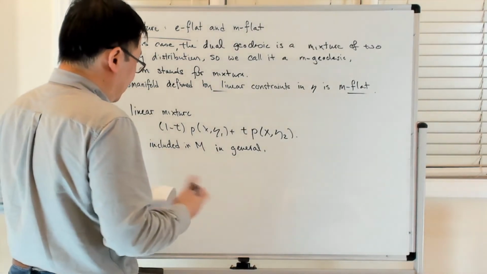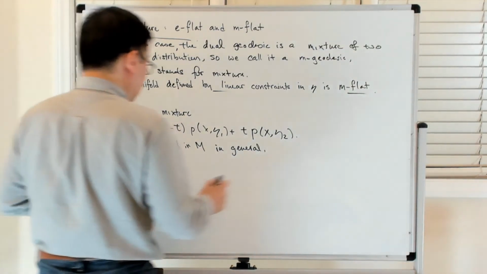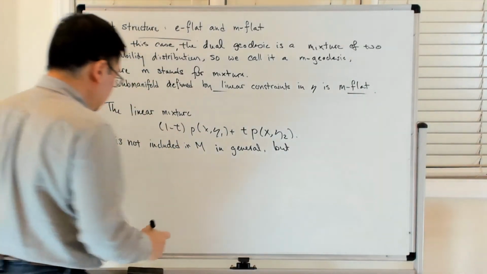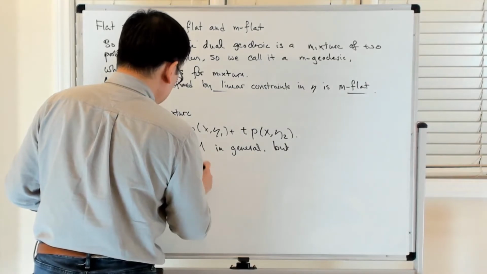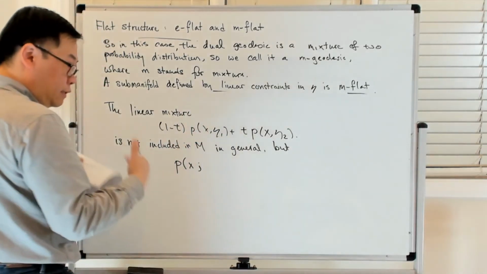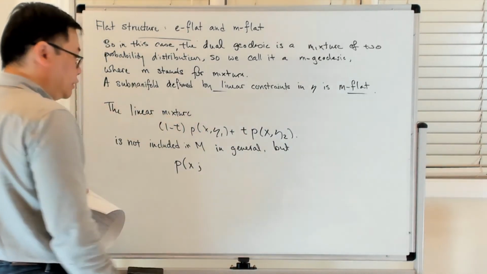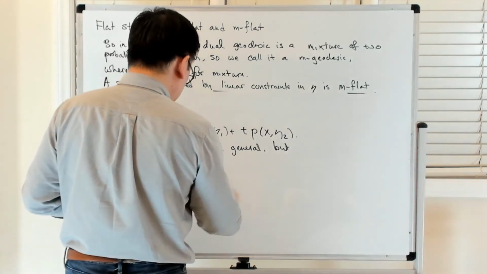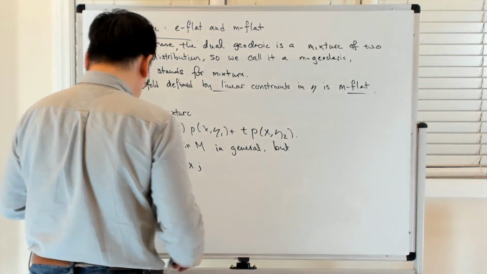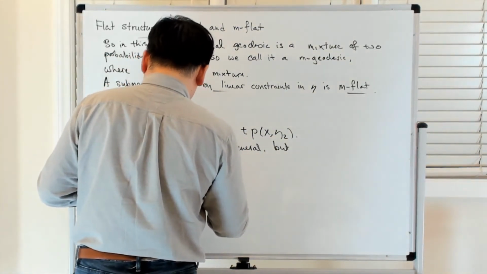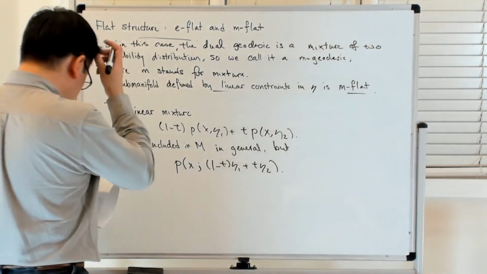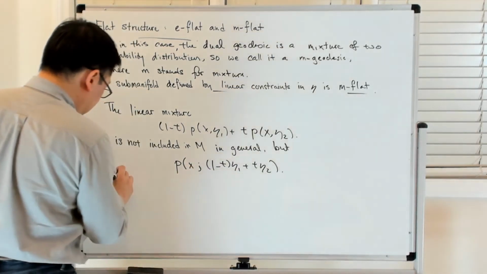The way you get around that is to interpolate the coordinates, as you might expect. So you have p of x, and then you have this eta coordinate system, and instead of taking this naive linear mixture of the two probability distributions, you take the linear interpolant between the two coordinates: (1 minus t) eta 1 plus t eta 2. So this is in M.